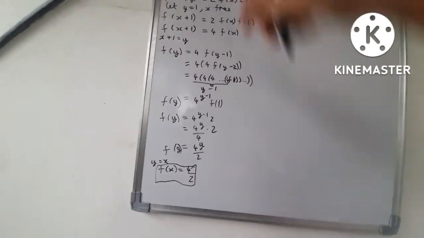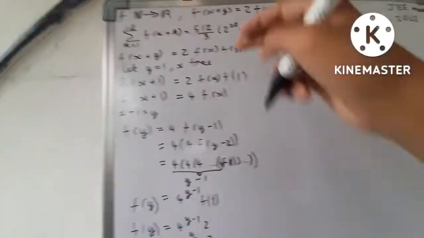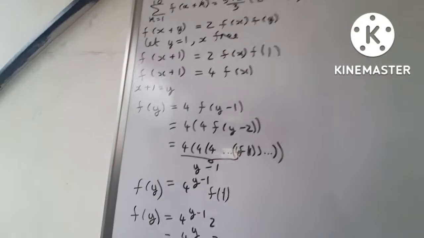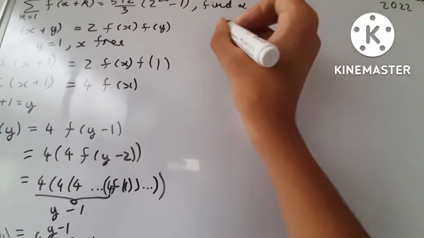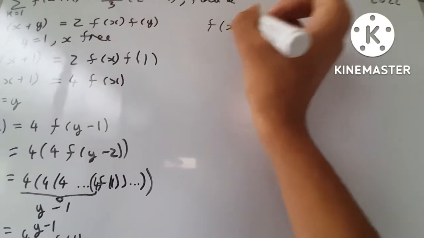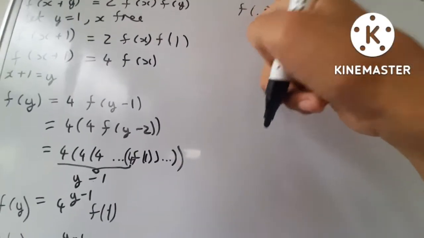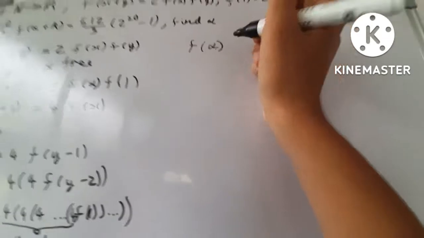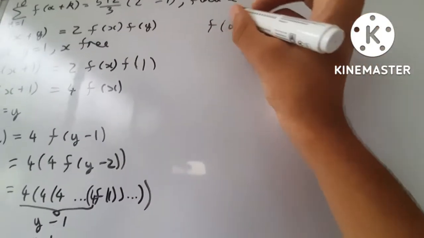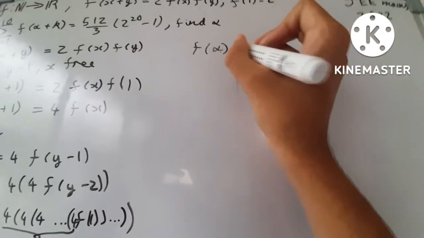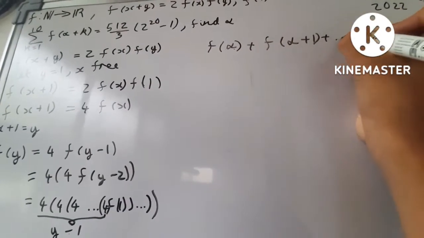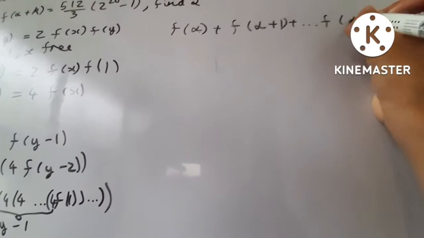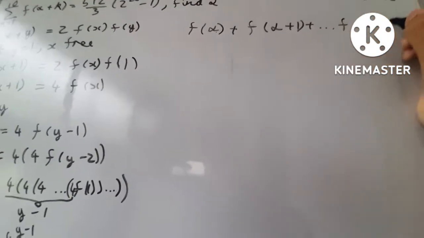Now we can get straight to the question, right? So what we could do is plug in every value of f of x into that. So what you'll notice is we get a pattern. Right now it's alpha, but it doesn't matter, it's a dummy variable at the end of the day. So f of alpha plus f of alpha plus 1 plus all the way to f of alpha plus 10.